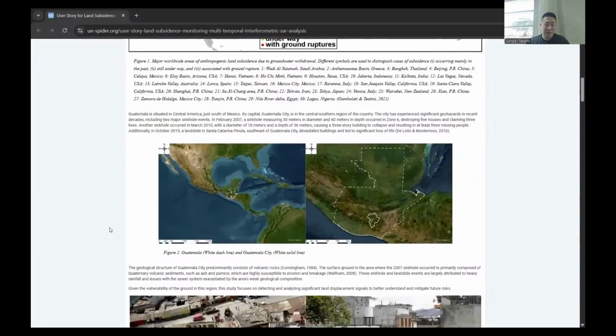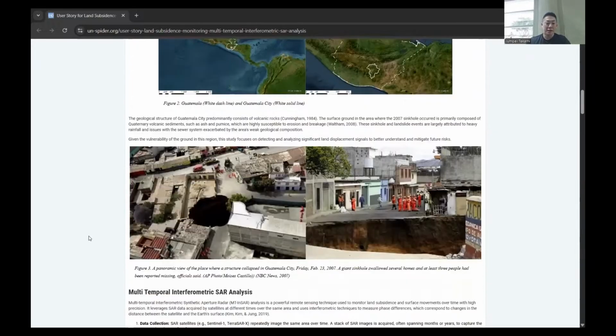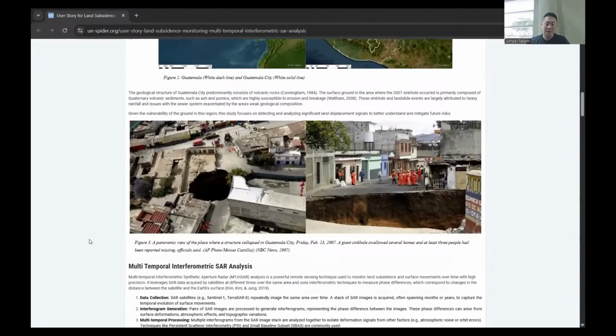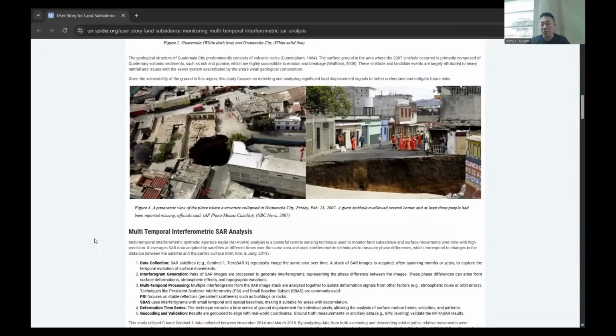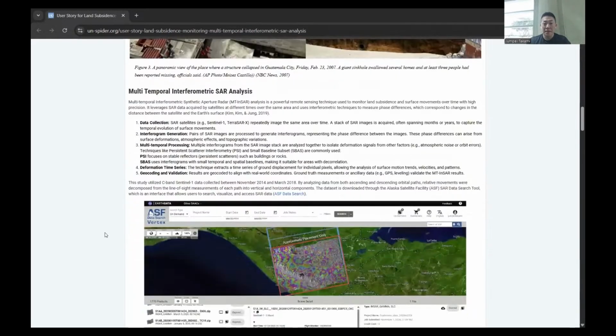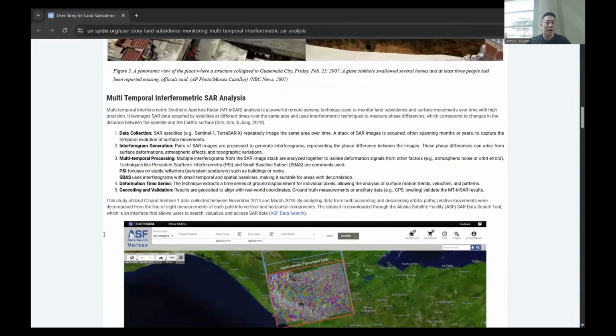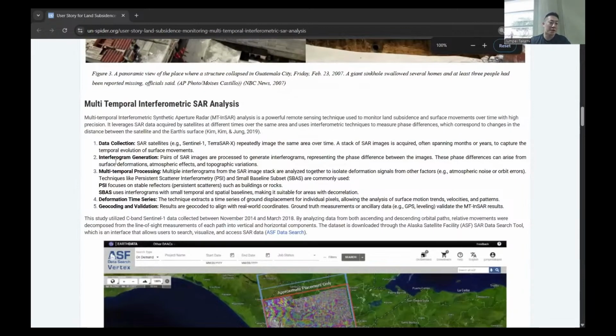Guatemala City doesn't have a significant issue of groundwater-induced land subsidence. This is due to more of a geological issue. But it also has a very severe problem in the center part of the city. Let me zoom up on the multi-temporal interferometric SAR analysis.